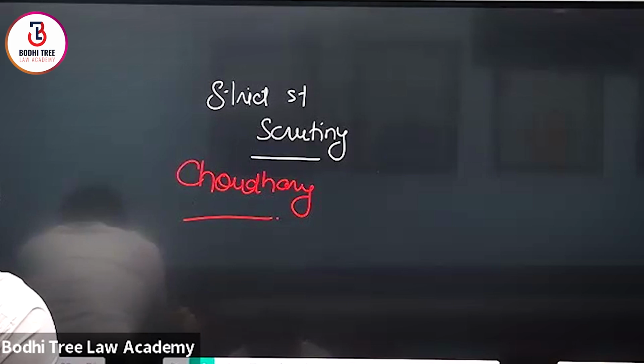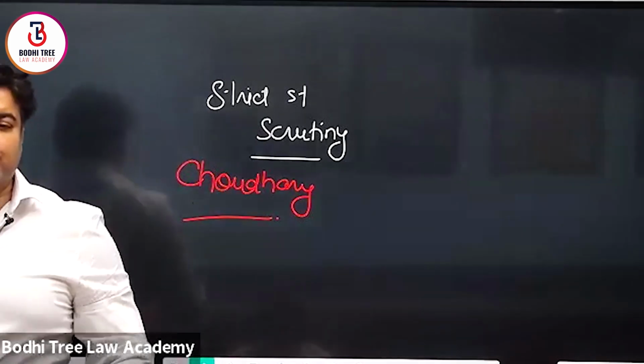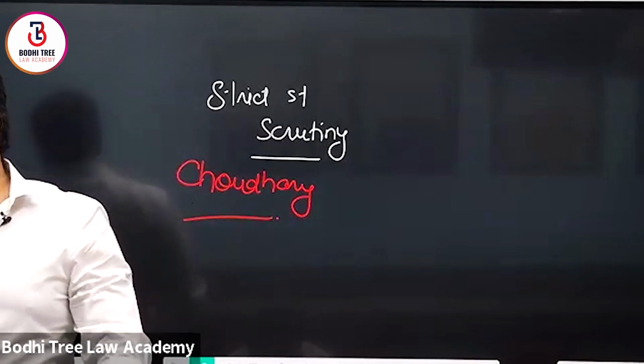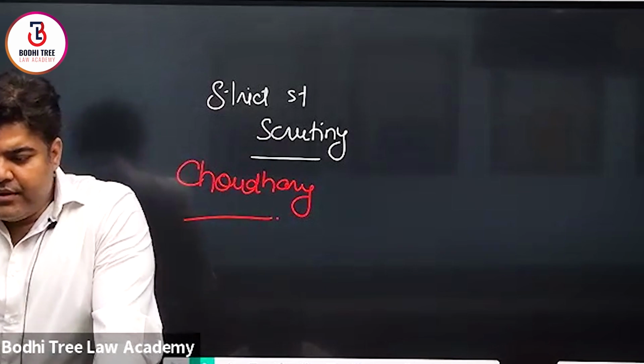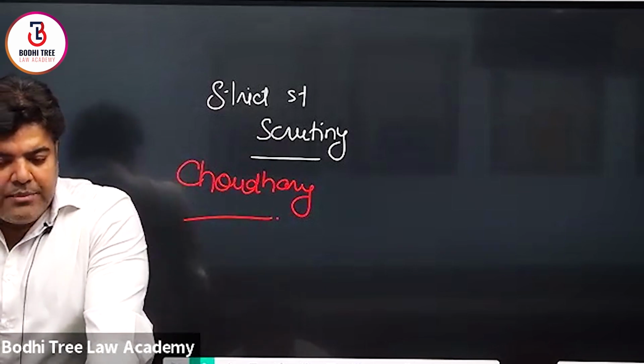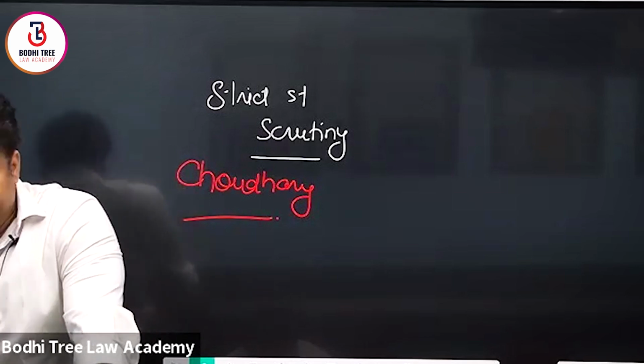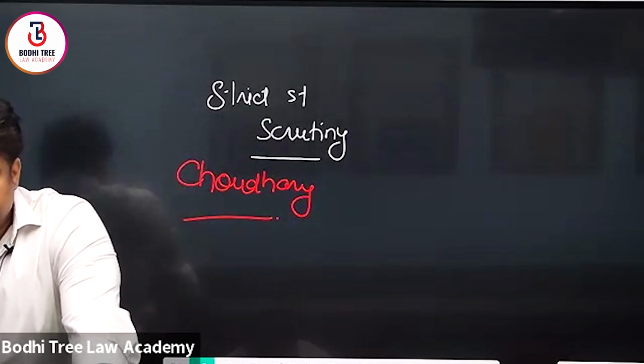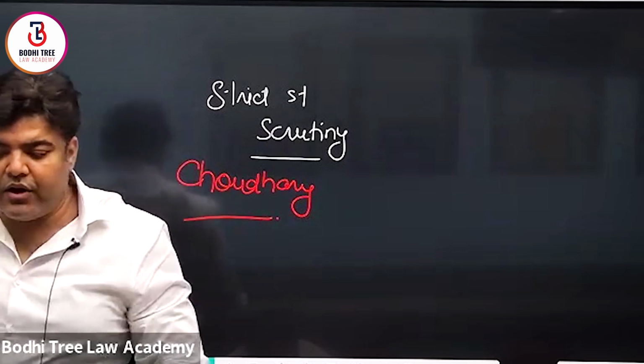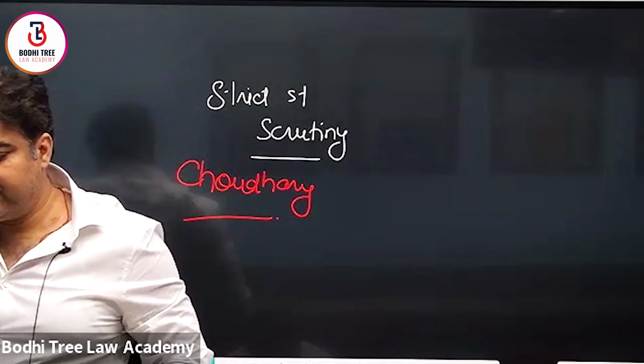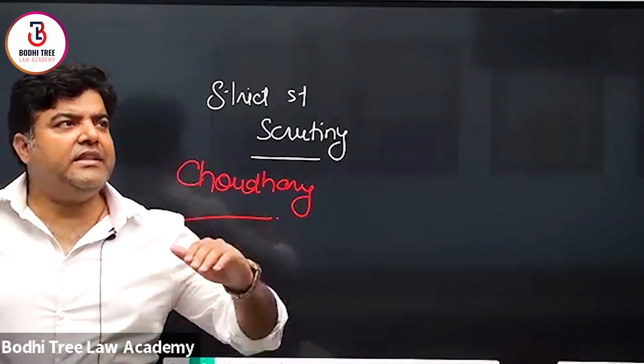Section 5, which authorizes the government to direct the cases to special courts, conferred arbitrary powers on the government to classify the offenses at their own pleasure.